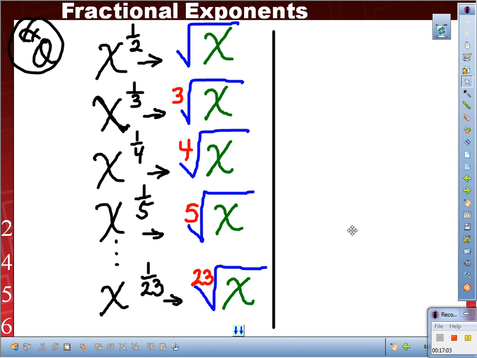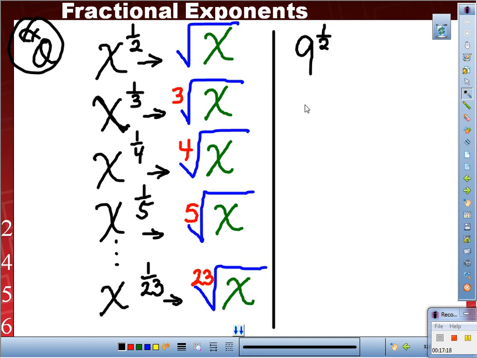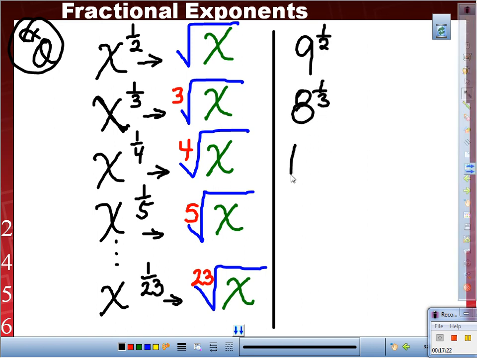We already did one with the number on the example where we did the steps, right? But I want to do some more for these. Copy that and go. All right. On the right side of that, let's change these into numbers. 9 to the 1/2, 8 to the 1/3, and 16 to the 1/4.